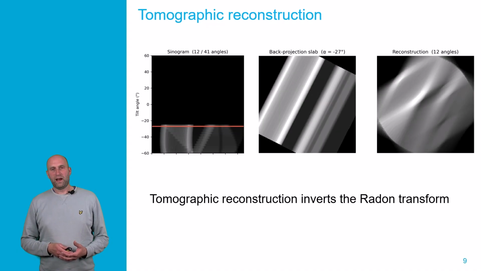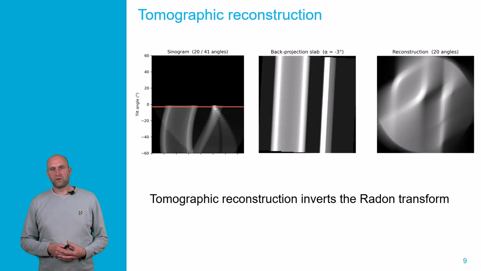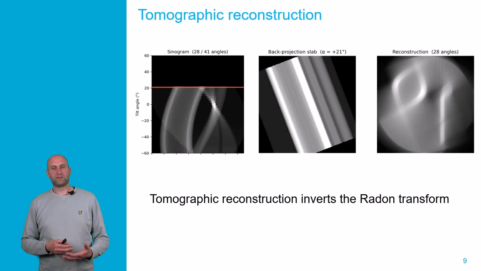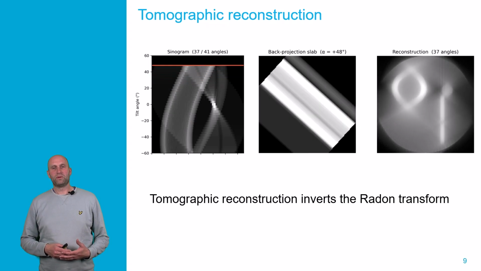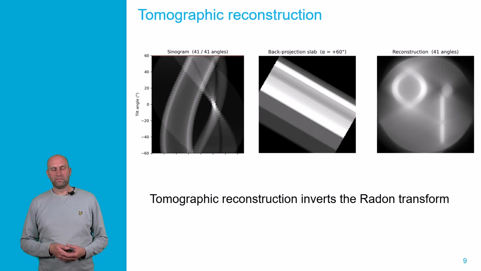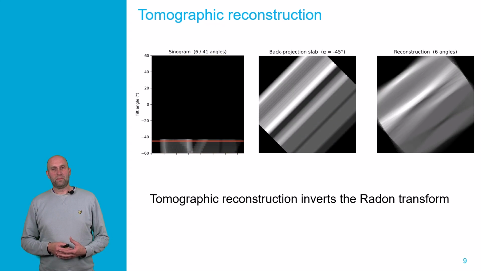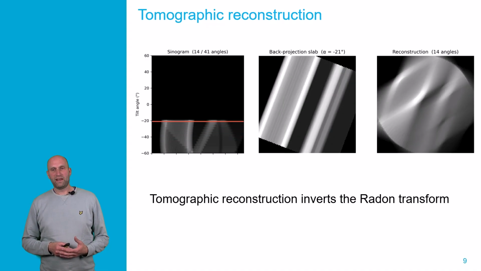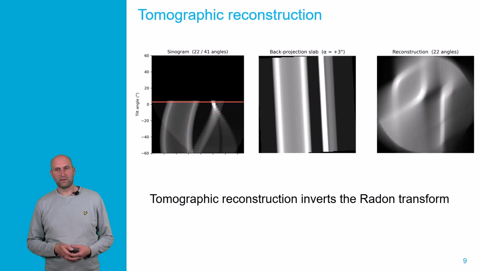So what this implies is that we take each projection that is present in our sinogram and we perform a back projection, so essentially an inverse projection operation. So we are projecting the intensity distribution back across the entire image plane. For each of the orientations, that gives us a back projection slab, and all of these slabs, the back projected lines, intersect in points at which intensity should be adding up in our reconstruction.